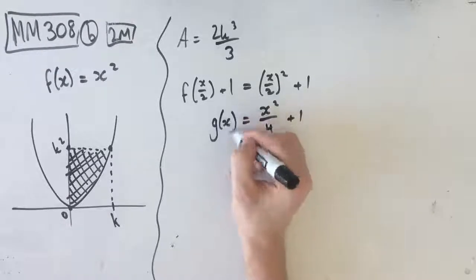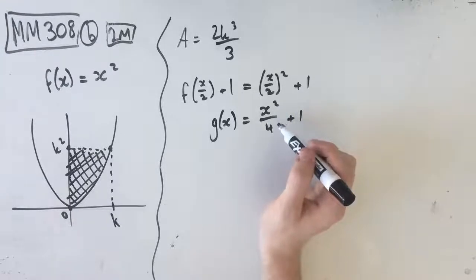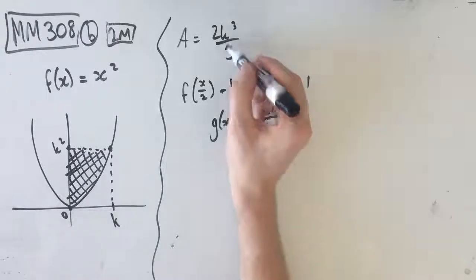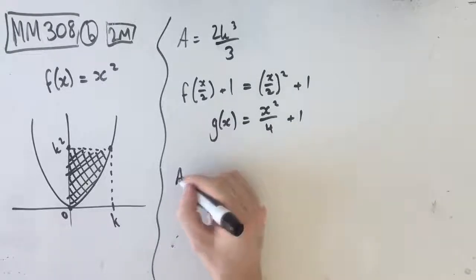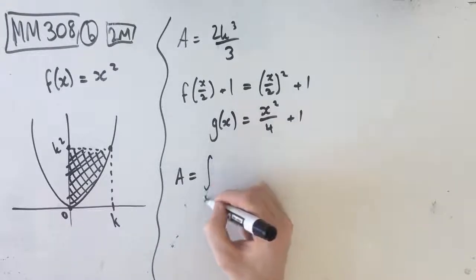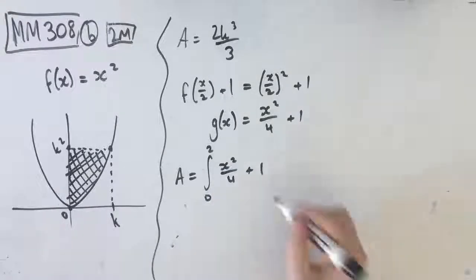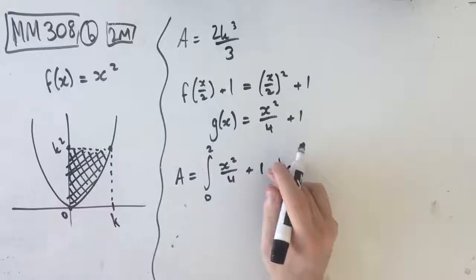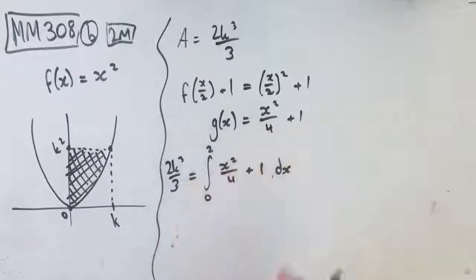So that's our g of x, right? So the area under this graph from 0 to 2, as per the question, is equal to this, okay? So area, actually let's say, area is equal to the integral from 0 to 2 of x squared on 4 plus 1 dx, right? Which is equal to 2k cubed over 3.